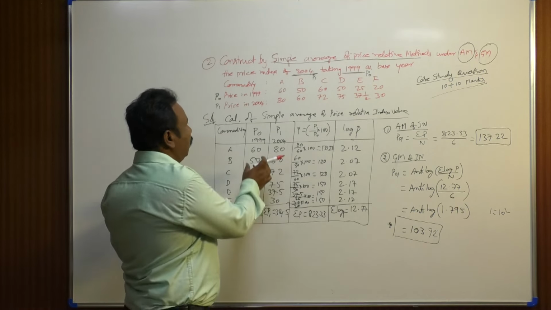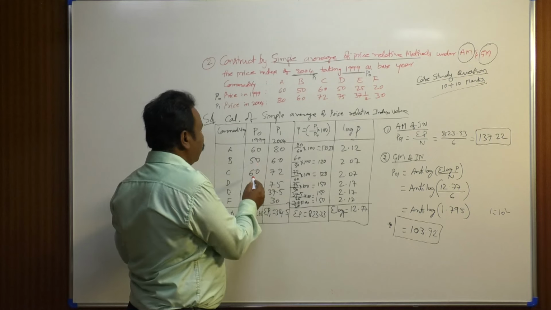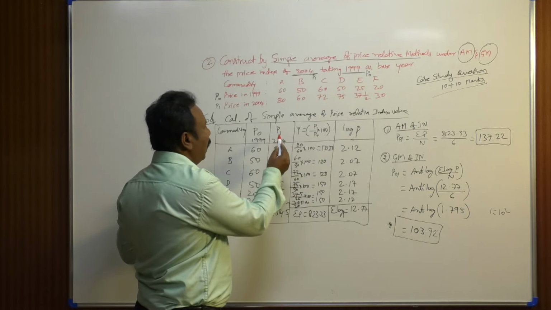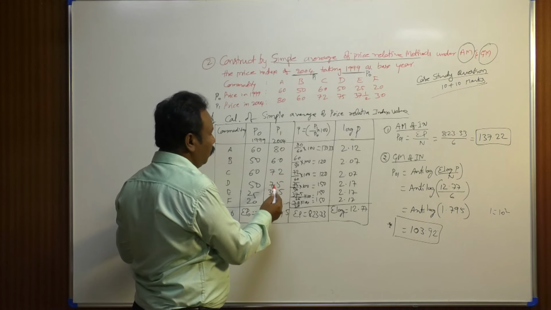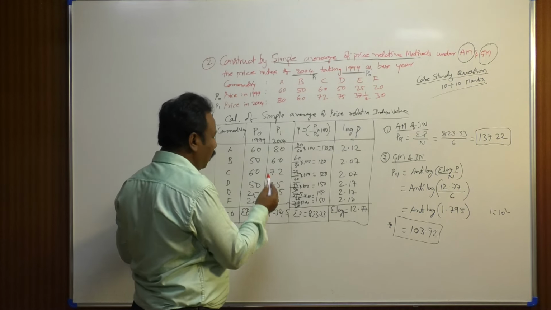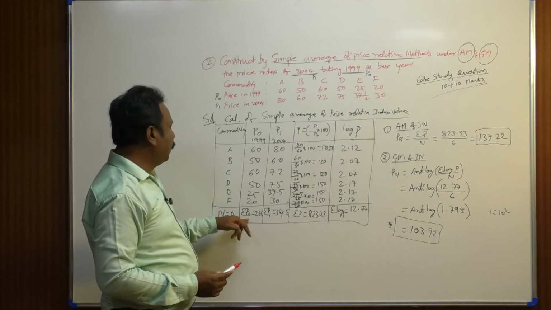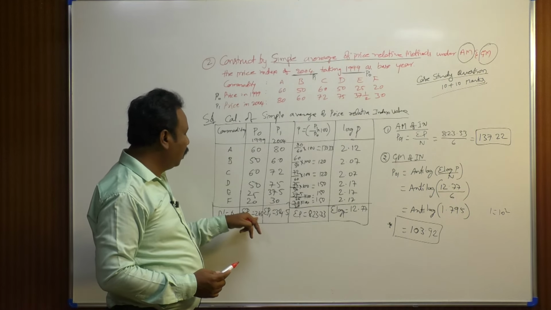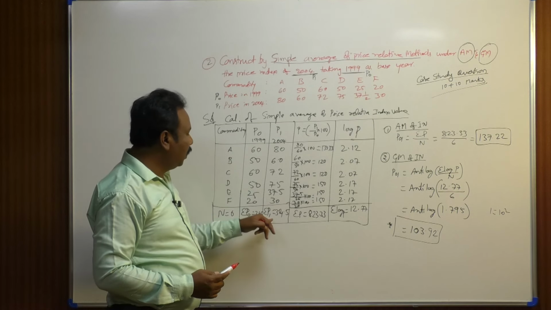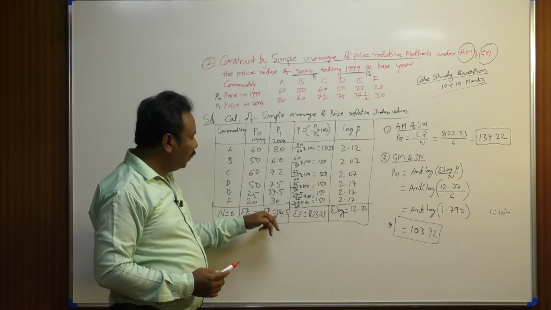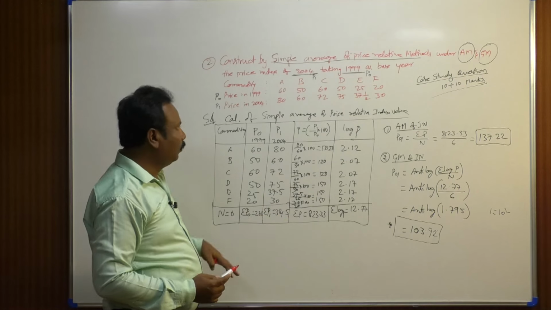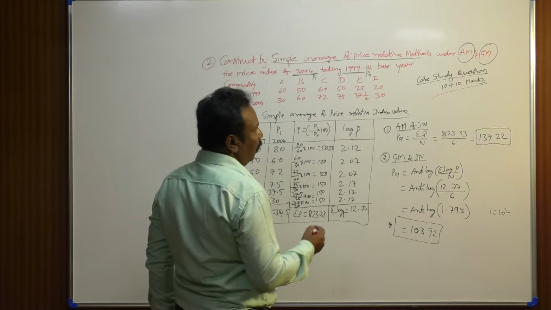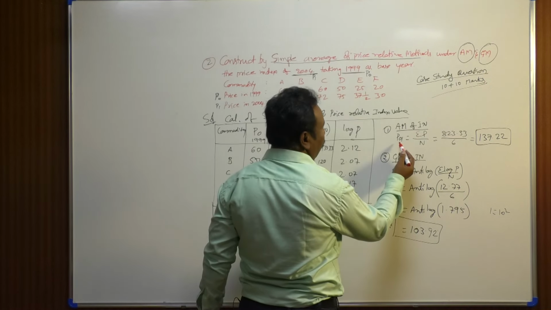The base year values are 60, 50, 60, 50, 25 and 20 for the 6 commodities. Current year is 80, 60, 72, 75, 37.5 and 30. So, the summation of base year price is 265 and current year price is 354.5.